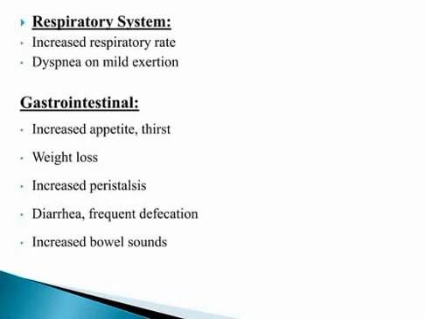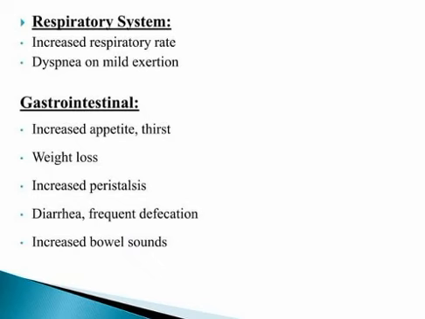Next will be dyspnea on mild exertion. So there will be a loss of oxygen conditions. And next will be the gastrointestinal clinical manifestations. In this, there will be increased appetite. We also know that it increases the metabolism. So while it increases the metabolism, it automatically increases the appetite and thirst.